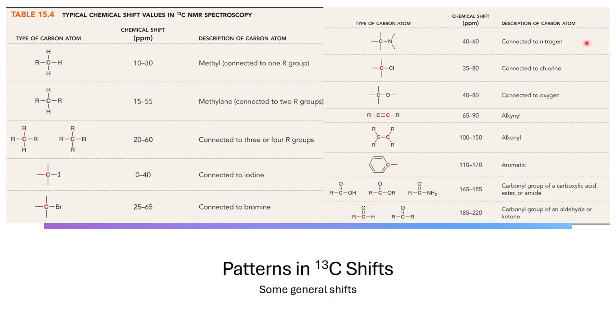Connected to nitrogen, connected to chlorine, and singly bonded to oxygen, still under 100. We're getting close to 100 if we have C triple bond C carbons. C double bond C carbons are above 100, aromatic 110 to 170, and carbonyl carbons we can see as high as 220.